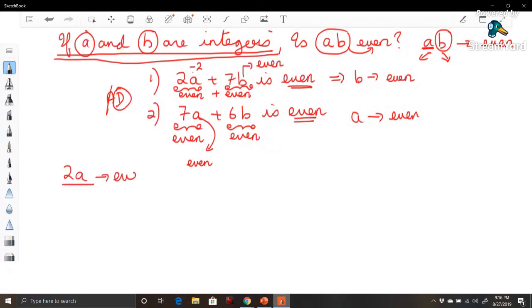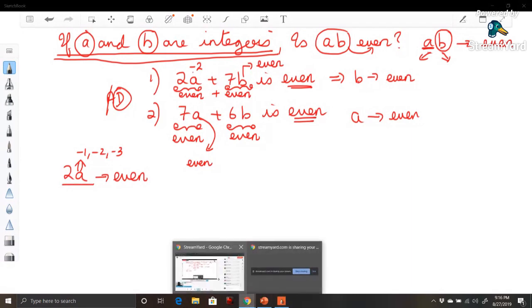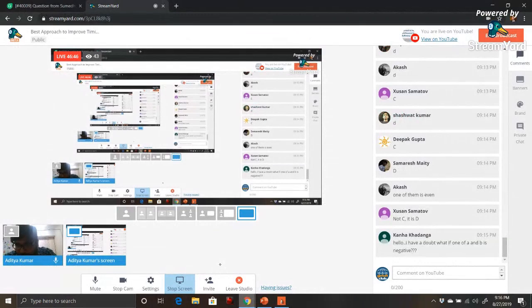Think about it: put any negative value you want, -1, -2, -3. 2 into -1 is -2, and -2 is even. 2 into -2 is -4, and -4 is even. 2 into -3 is -6. An even number is defined as something which is always divisible by 2, and even numbers can be both positive or negative. Don't assume that even numbers are only positive integers. Okay with this, guys? All of y'all?